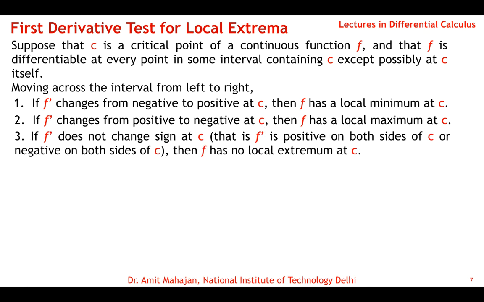And if the derivative does not change sign at C, that means the derivative is positive on both sides of C or negative on both sides of C, then the function has no local extrema at C. If the function is increasing and after C it remains increasing, then that point C cannot be a maxima, nor a minima. Similarly, if it was decreasing till C and then continues decreasing, then this point cannot be a minima or maxima.